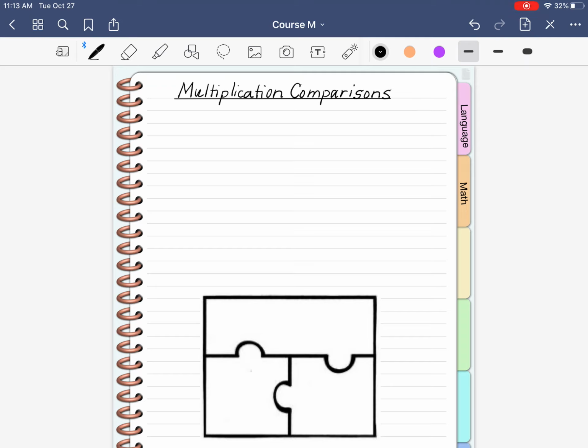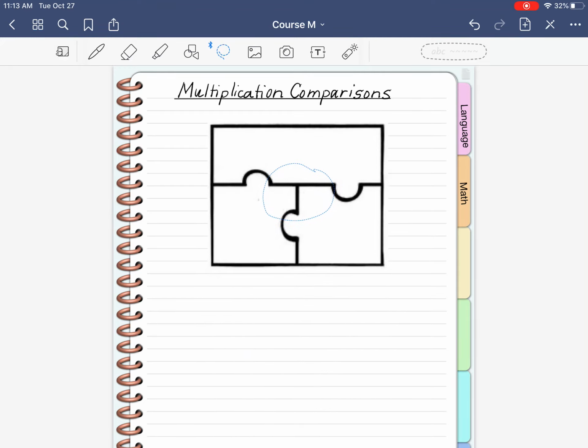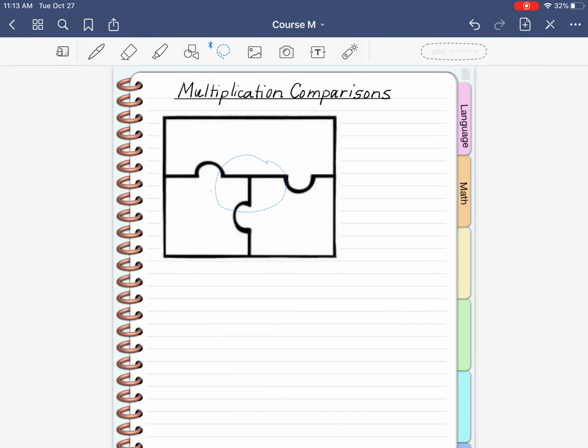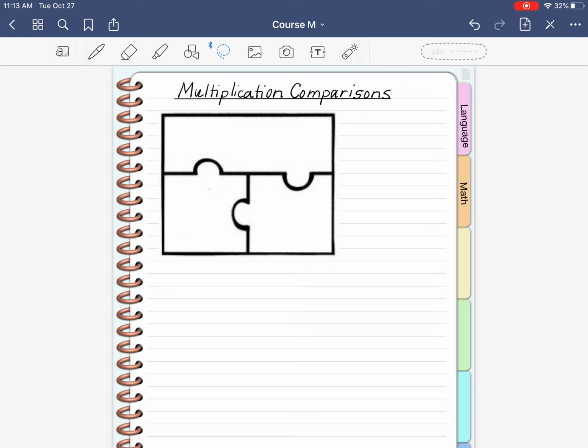So if your kids are coming home with fact families, this is what they're preparing them to do. I chose a jigsaw piece because I think that's a very good way to understand that these pieces are related. They're fixed together in a family. They have a relationship within a family of math facts.